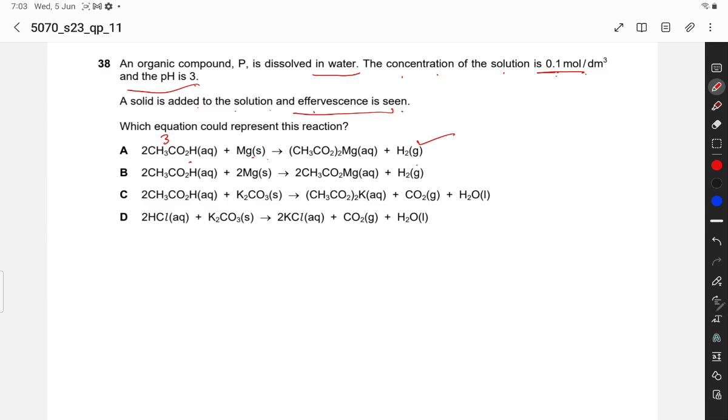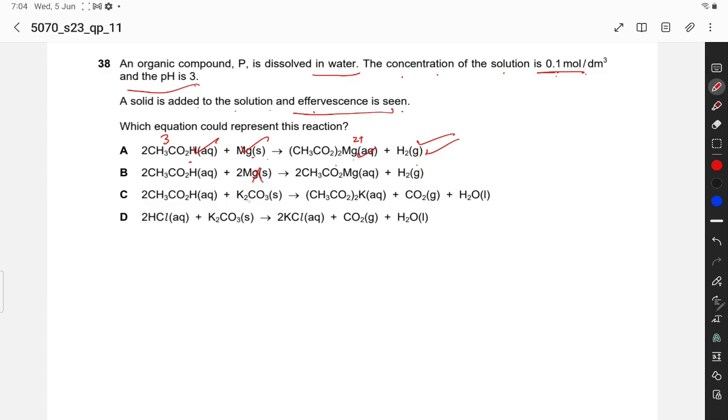So this is the correct option, because the correct chemical equation is there. Magnesium carries a 2 plus charge, so we need twice the acid to balance. So this is correct. This is aqueous, this is aqueous, and this is gas.